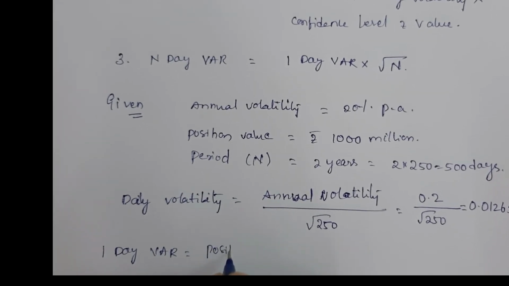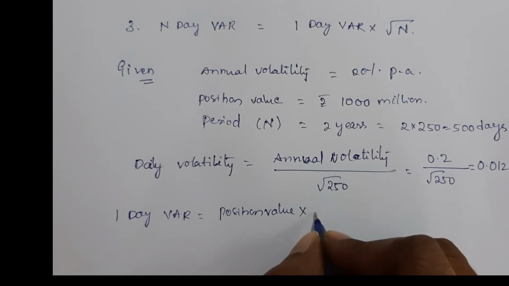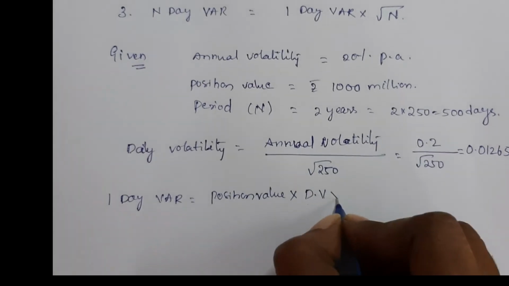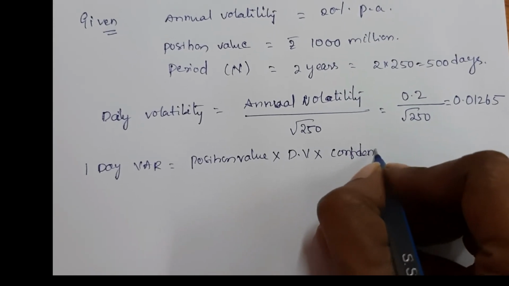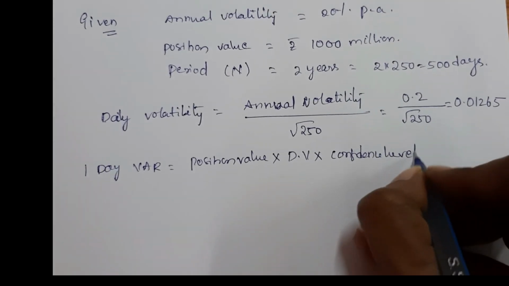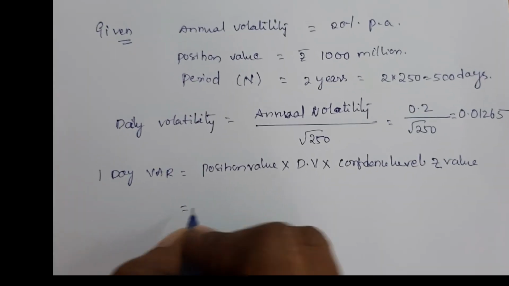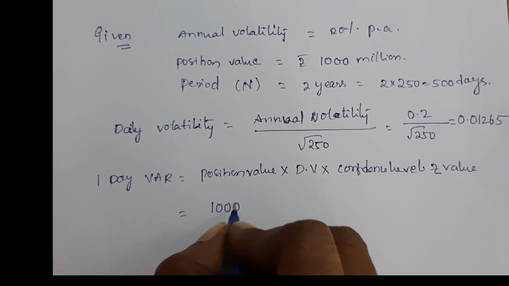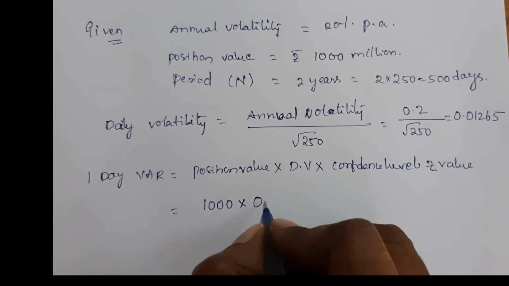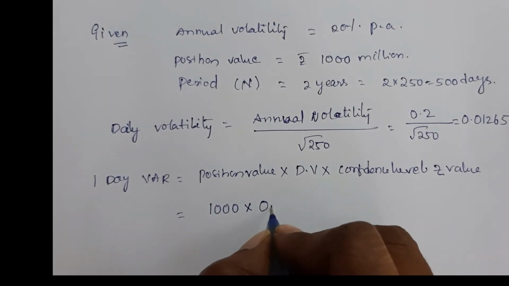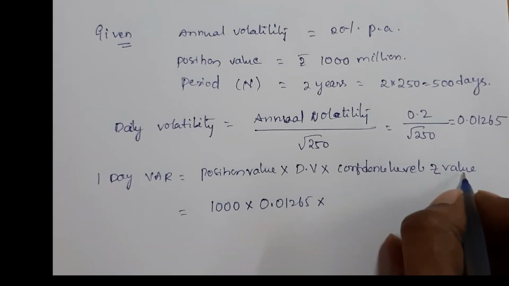Then we need to calculate 1 day VAR. The formula is position value into daily volatility into confidence level Z value. So position value given is 1000, into the daily volatility we have calculated, that is 0.01265, into the confidence level Z value.